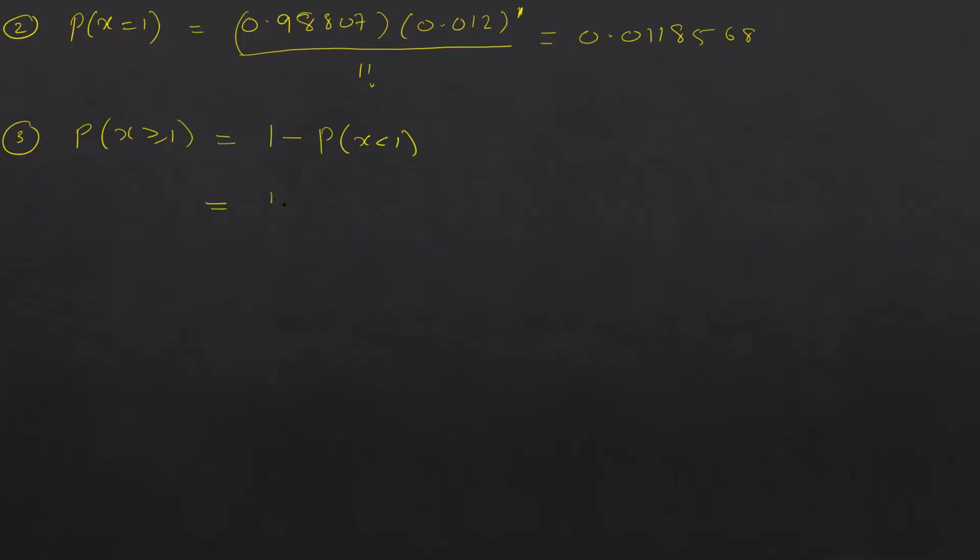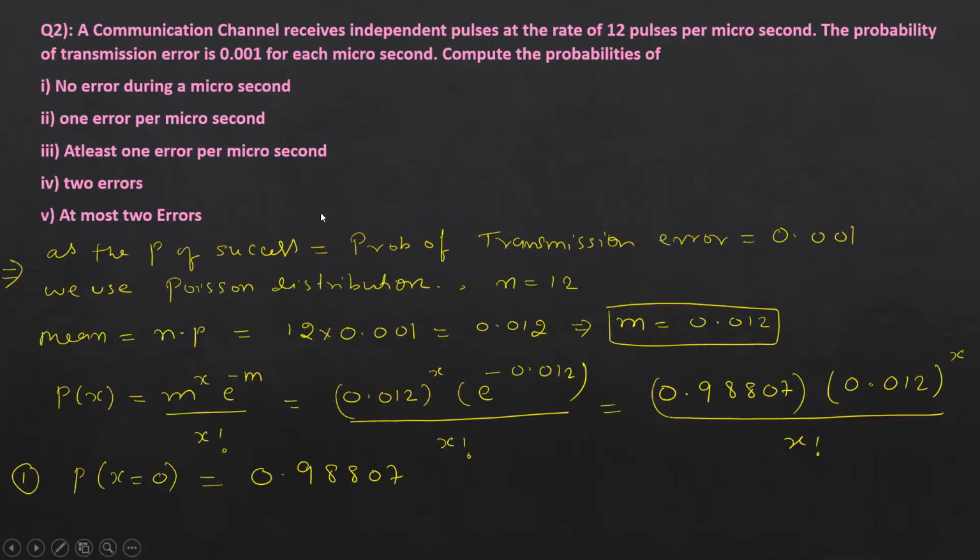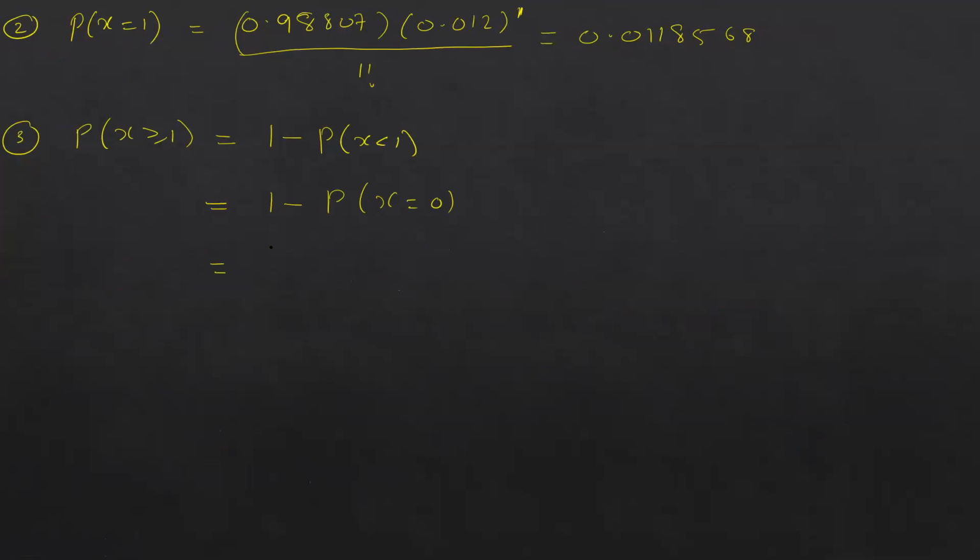So this will become 1 minus probability of x is equal to 0 only. Already we have found probability of x equal to 0 previously. Just put this value. So this will become 1 minus 0.98807. So what is the answer?